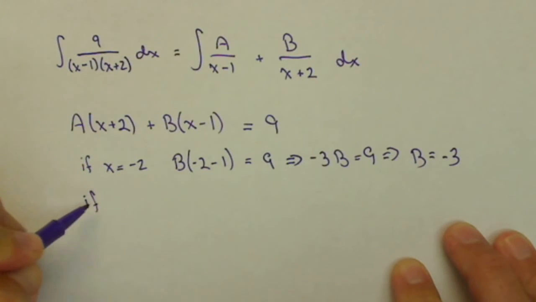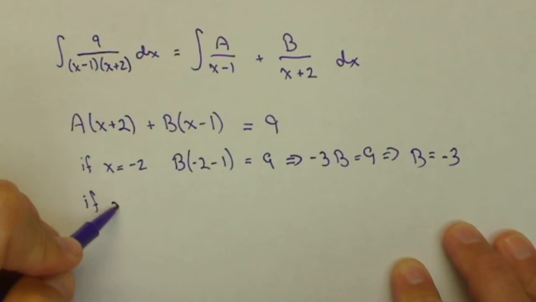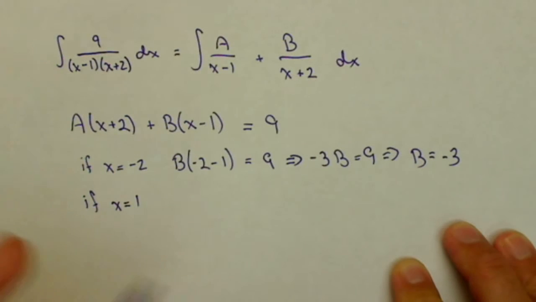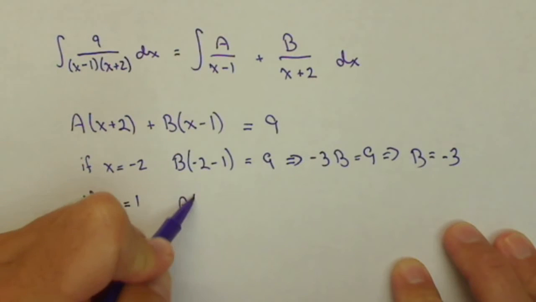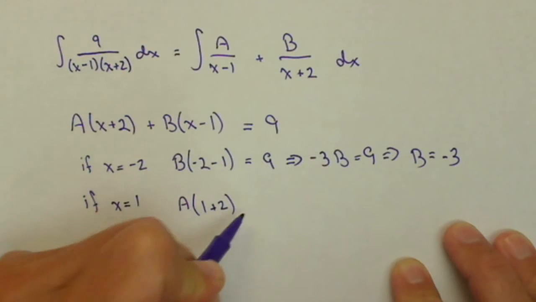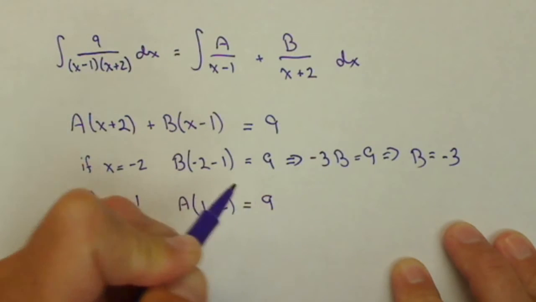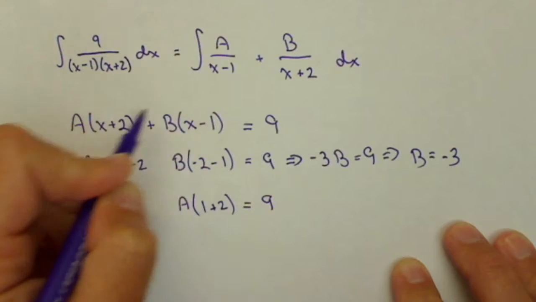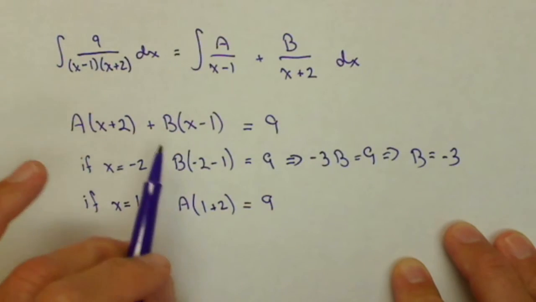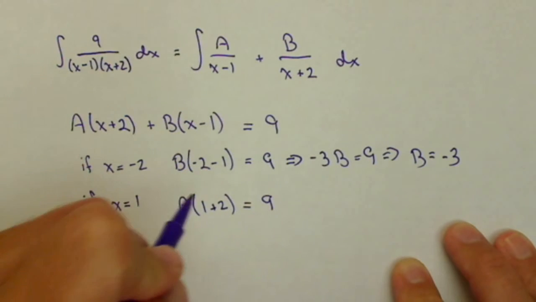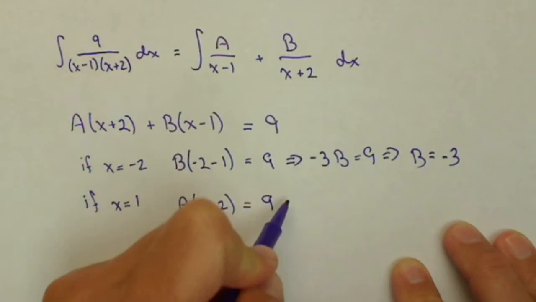This is a very slick little method, and when it works, it's a lot of fun because it's so nice and easy. If x equals 1, that zeroes this out, and we get A times 1 plus 2, and that equals 9. All we're doing is zeroing one part out at a time. This might not work if you have 3 pieces, so we'll look at one of those later.